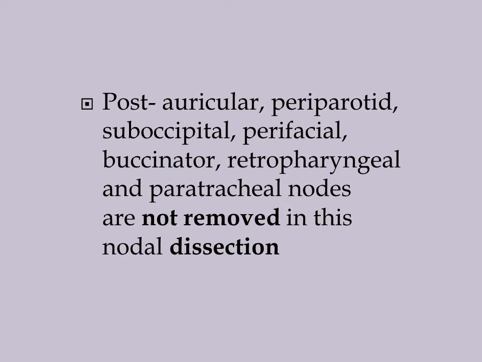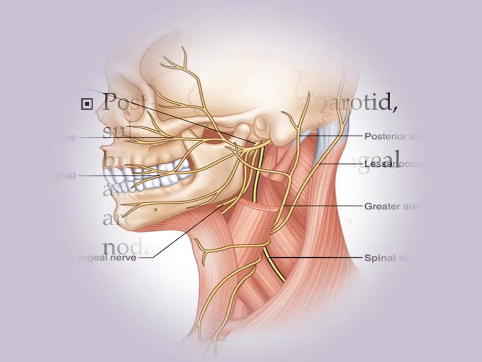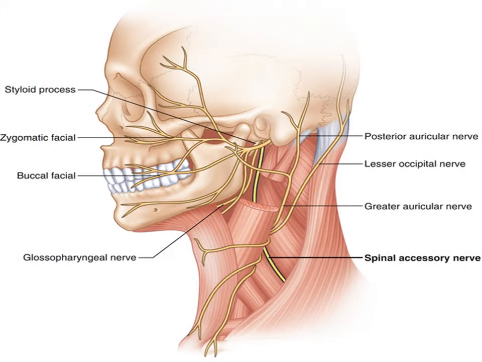Post-auricular, periparotid, suboccipital, perifacial, buccinator, retropharyngeal, and paratracheal nodes are not removed in this nodal dissection. This is the slide showing the anatomy of the facial nerve in relation to the other nerves of the neck.